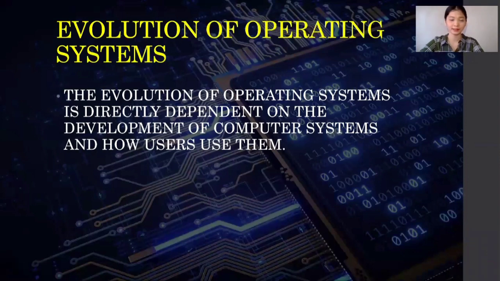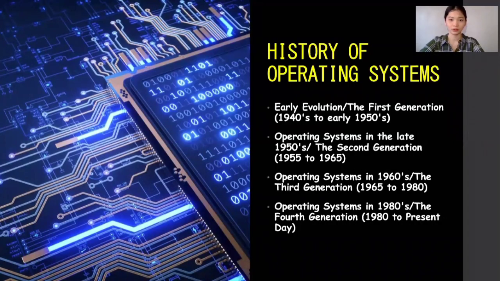Evolution of operating system. The evolution of operating system is directly dependent on the development of computer systems and how users use them. So this is the history of operating system in order. We have the first generation, second generation, third generation, and fourth generation.